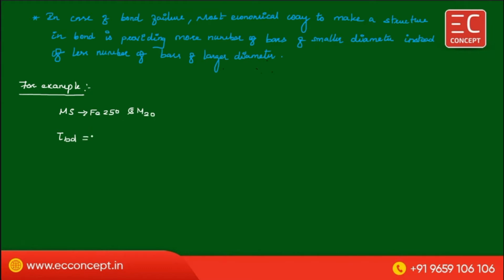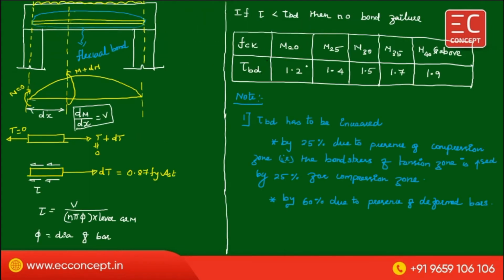Tau BD is equal to, what is M20 concrete tau BD maximum? 1.2. That is okay. This is the answer in tension. So whatever this tau BD which was given in the code IS 456, this is only for a mild steel in tension case. Be careful.